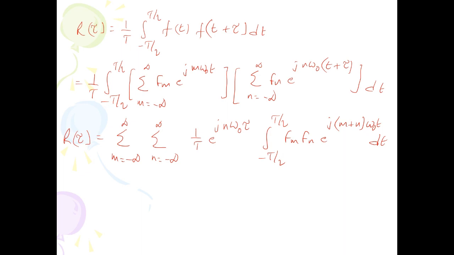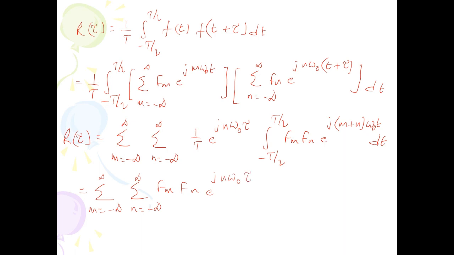If you simplify this, summation m is equal to minus infinity to plus infinity, summation n is equal to minus infinity to plus infinity, f_m f_n e power j n omega naught tau.